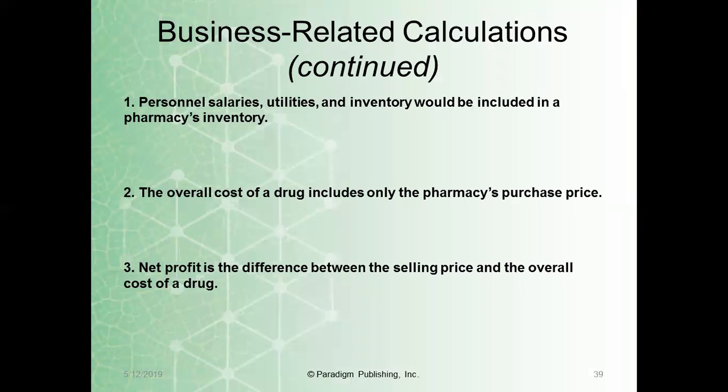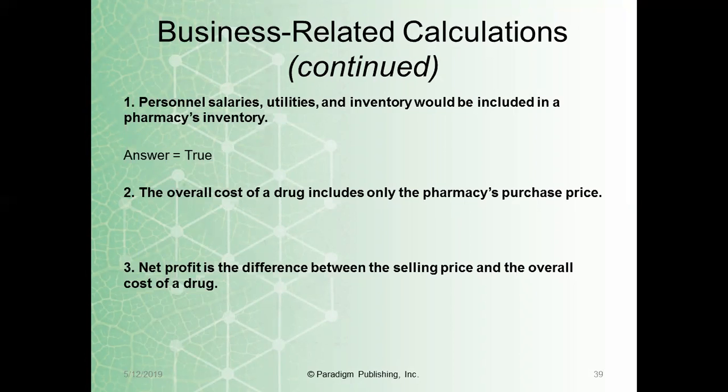So, personnel salary, utility, and inventory would be included in a pharmacy inventory. Is this true or false? So this is true. The pharmacy inventory includes personnel salaries, utilities, and any inventory that is included in the pharmacy.